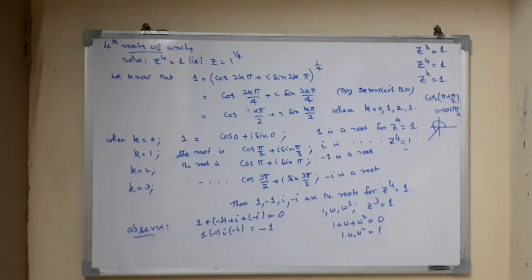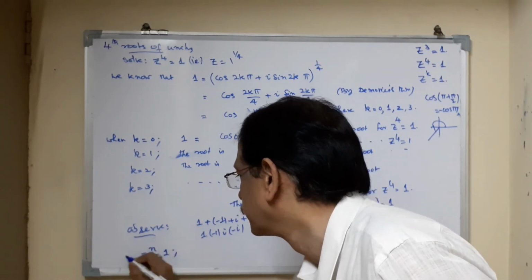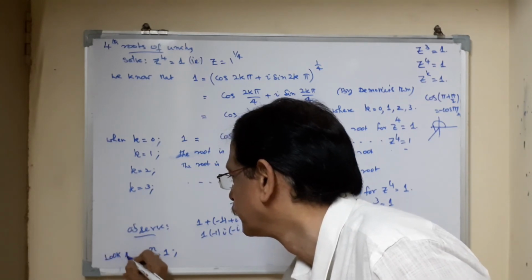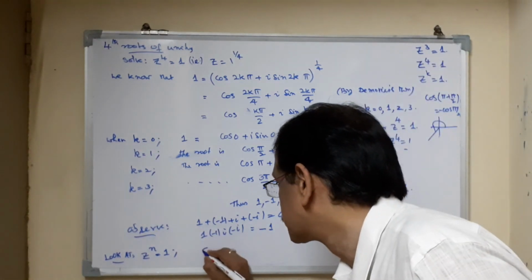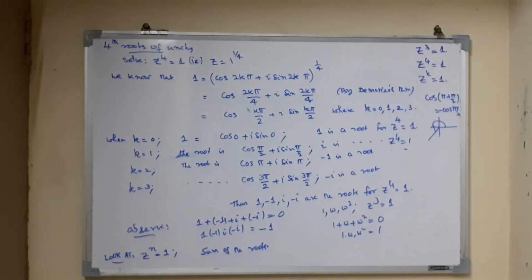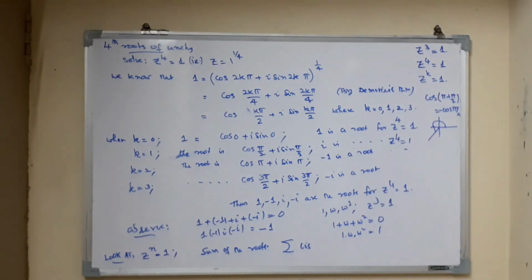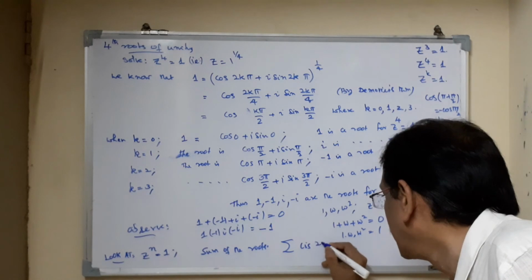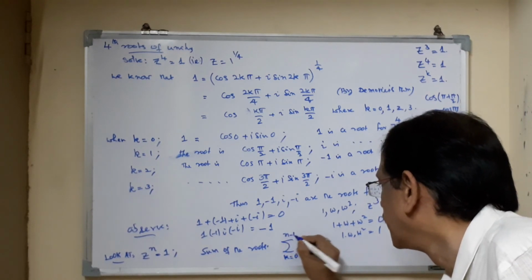Now, by observing this, let us see the equation z power n equal to 1. There are n roots, so the sum of the roots will be the sum of cis 2k pi by n, k runs from 0 to n minus 1.